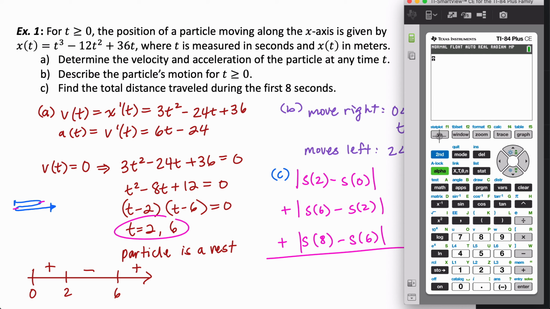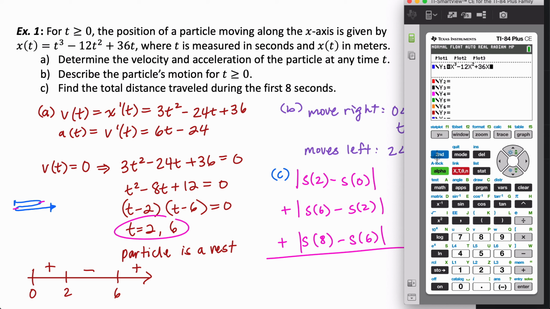The first thing I'm going to do is in y equals, I'm going to throw in the original position function, because notice we're using the position function here. It's in terms of t, but we're just going to use x's: x cubed minus 12x squared plus 36x.